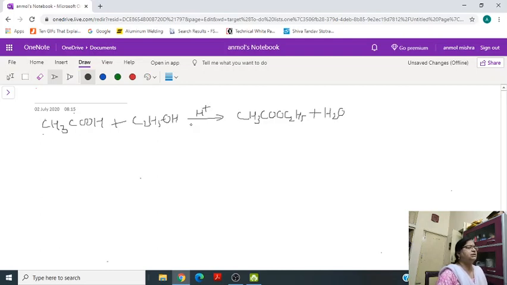And this is a reversible reaction. This reaction can also take place with phenol also.